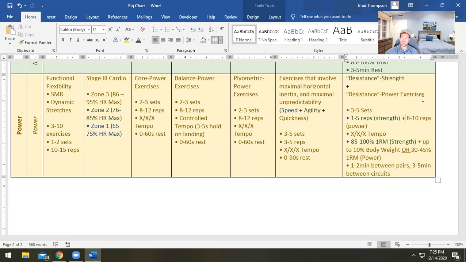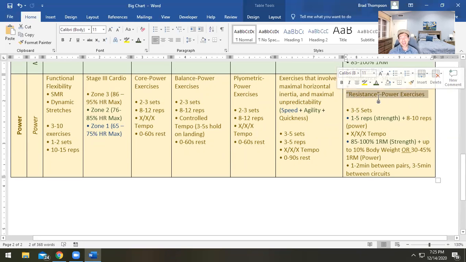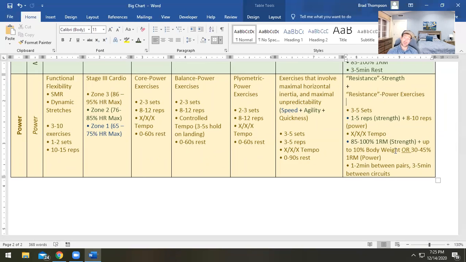And so what you're going to do is a resistance strength movement. That's going to be your first movement. That's your high force exercise. And you're going to pair that with a resistance power movement. That's your high velocity exercise. So just like before in strength endurance, we're supersetting 2 exercises back to back. But in the strength endurance level, it was strength plus stabilization.